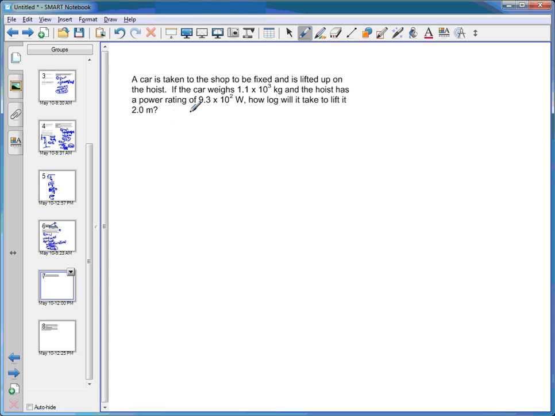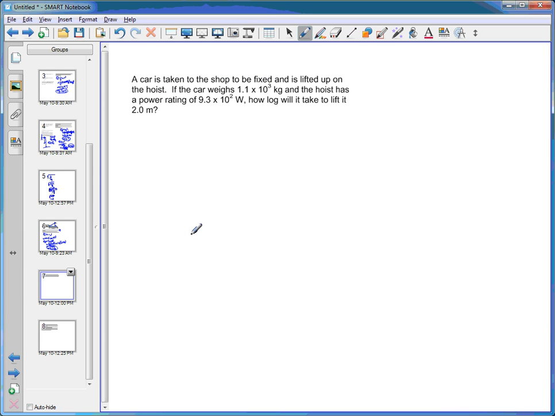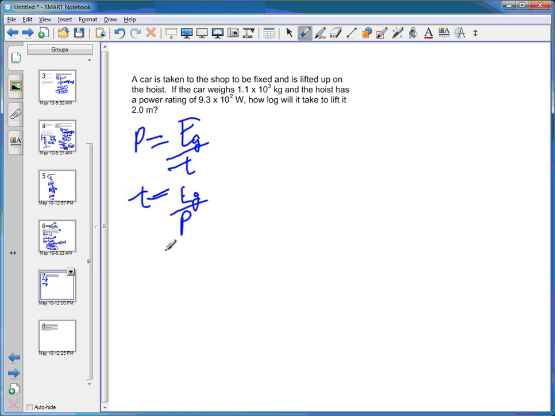So, we're going to look at power equals Eg over T. Therefore, T equals Eg over P. And we know that Eg equals mgh.